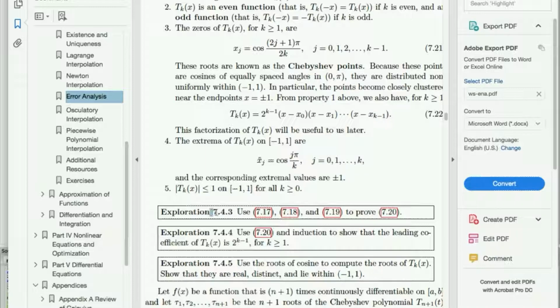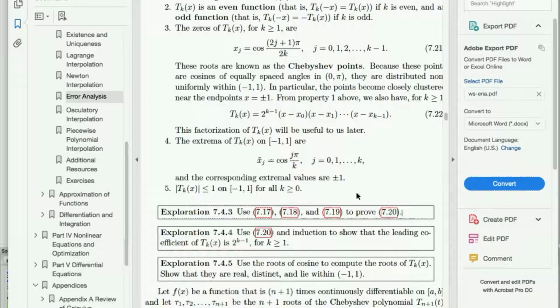For this one in particular, you're proving three separate things, so I'm not sure what you're asking. First you're proving this, 7.4.2.